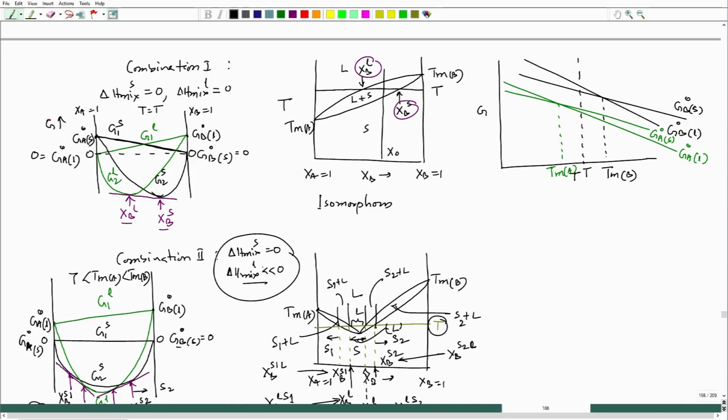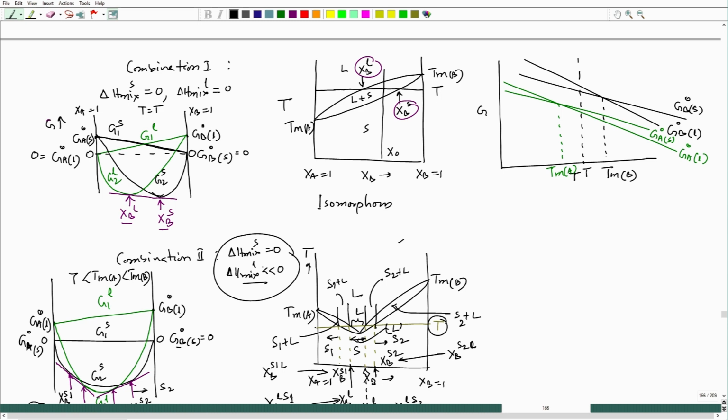So, that means this liquid is having this particular plot, this phase diagram is actually having such a shape, because the liquid delta H mix is highly negative. So, the liquid stability is increasing as compared to the solid stability. I am talking about solution.